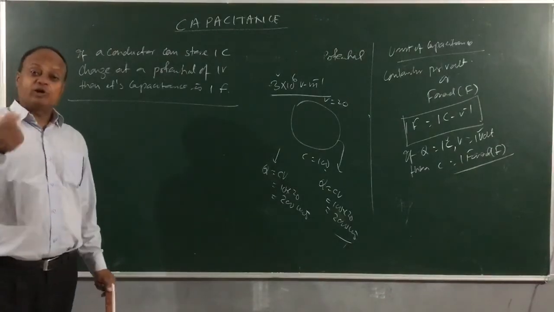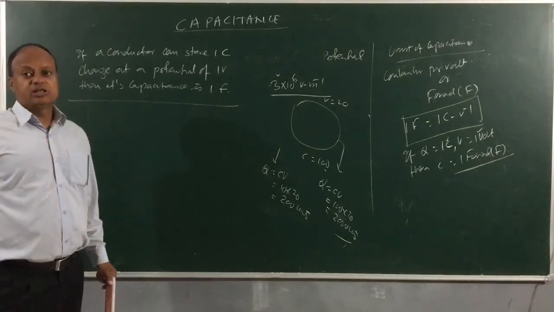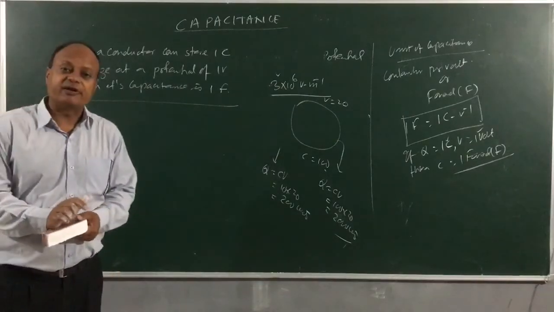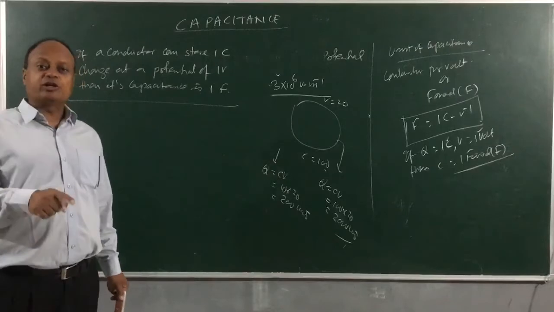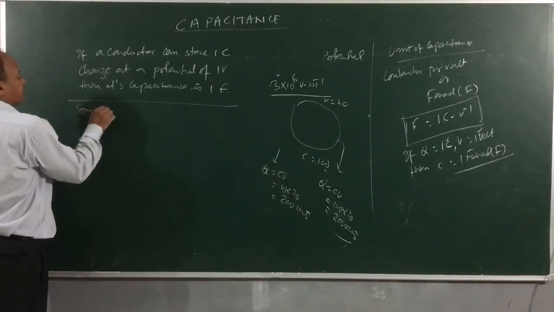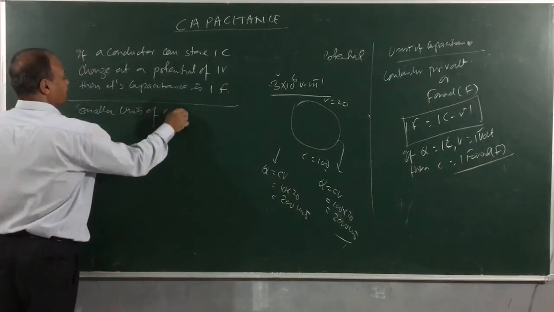But children, don't think farad is a small unit. 1 farad is extremely large capacitance. In fact, in practical purposes, we will not be using capacitance of 1 farad. We will be using smaller units of capacitance.